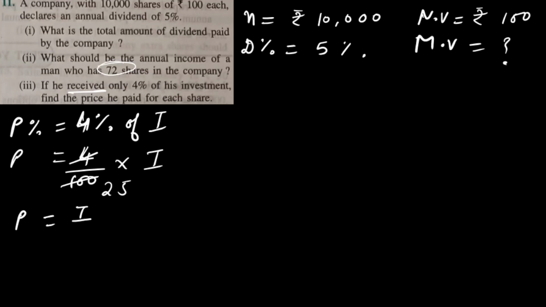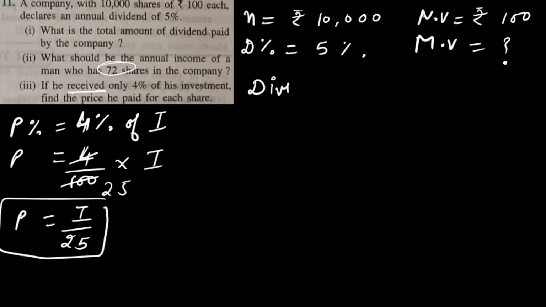That will become I by 25, right? Profit here is dividend only. I'll write it as return, so we don't get confused. So return is I by 25 for this person, because it's written he received only 4% of his investment.